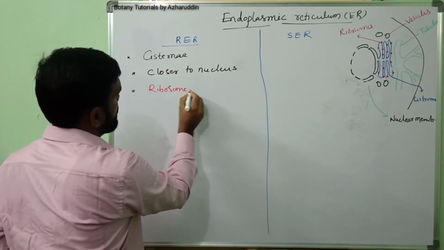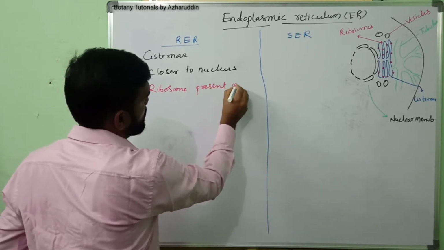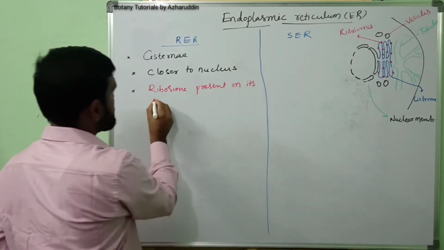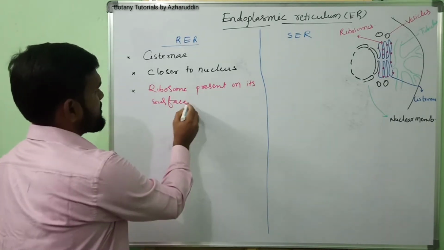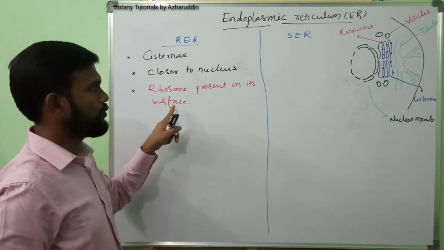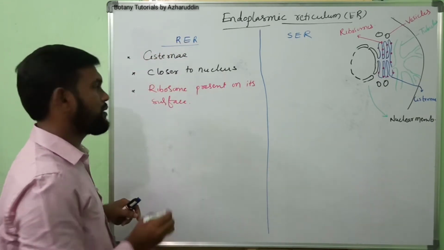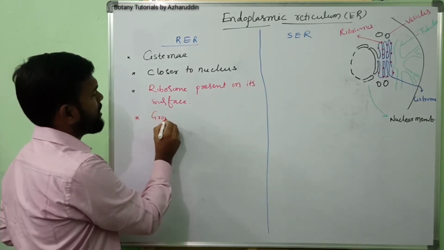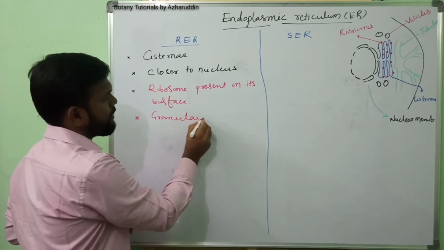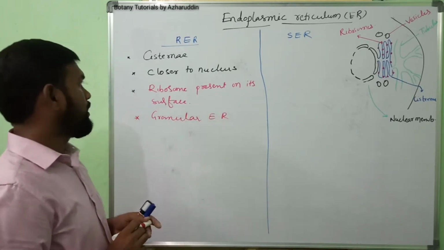Due to the presence of ribosomes, rough endoplasmic reticulum is also known as granular endoplasmic reticulum.